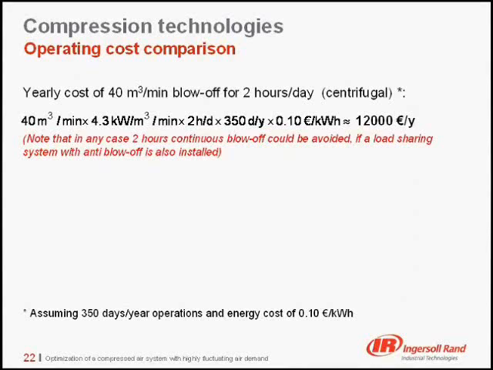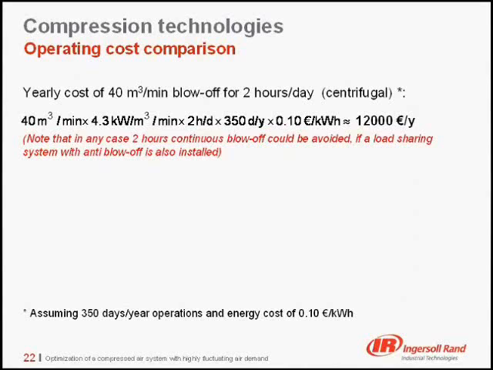Also, 2 hours continuous blow-off could be simply avoided if a load-sharing system with anti-blow-off were installed, reducing the 12,000 euro per year to few hundreds of euro. In any case, let's leave 12,000 euro per year.